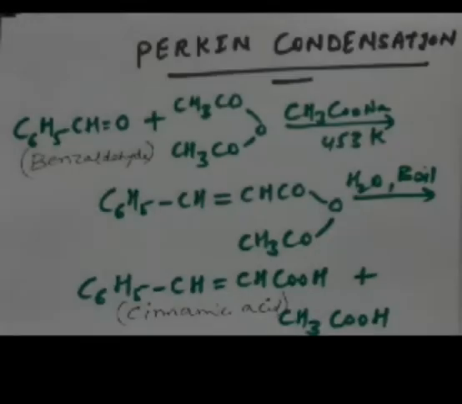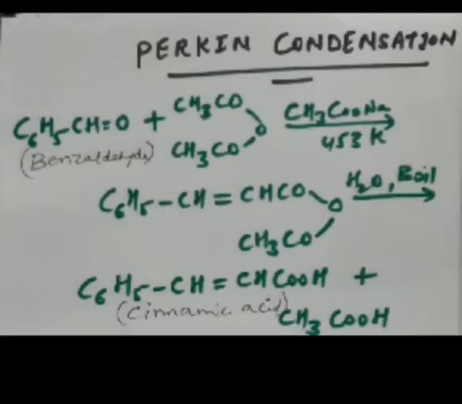So let us start. Perkin's condensation reaction involves the reaction of an aromatic aldehyde with an aliphatic anhydride in presence of the sodium salt of the carboxylic acid. Now this anhydride is the same as the carboxylic acid whose sodium salt we are using as a base.